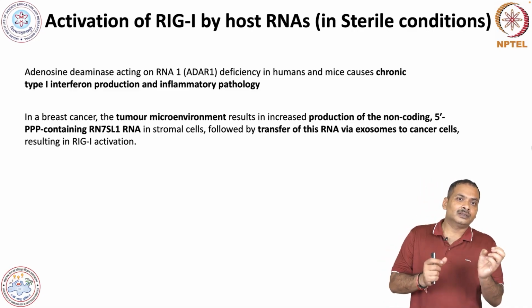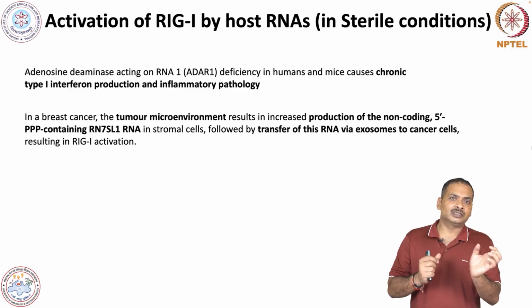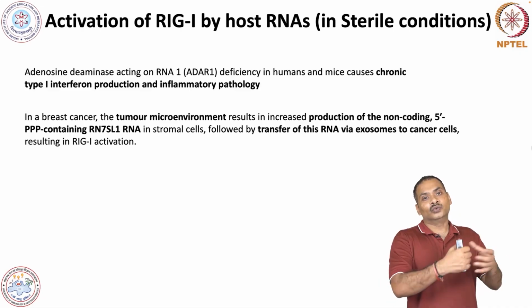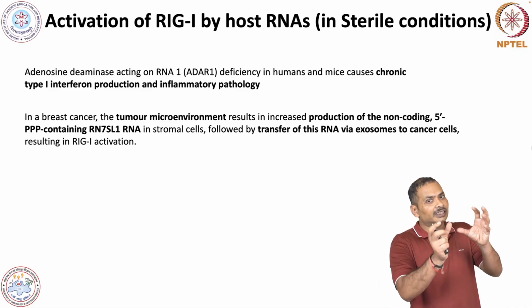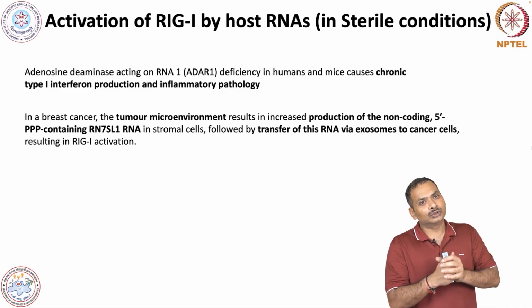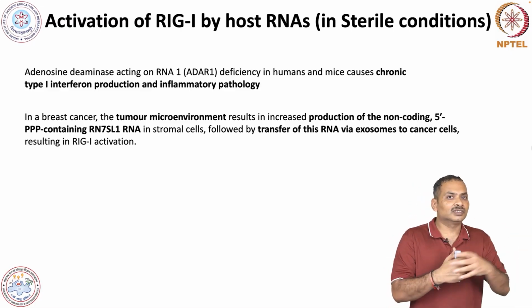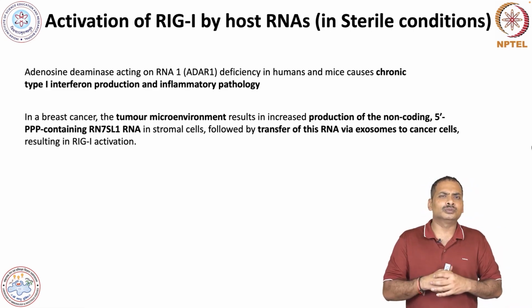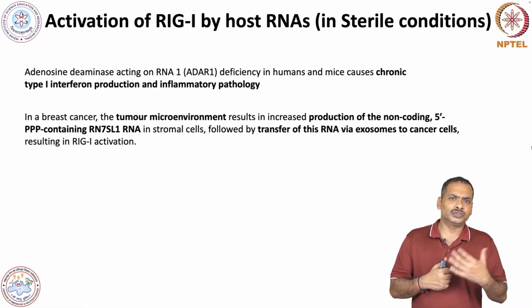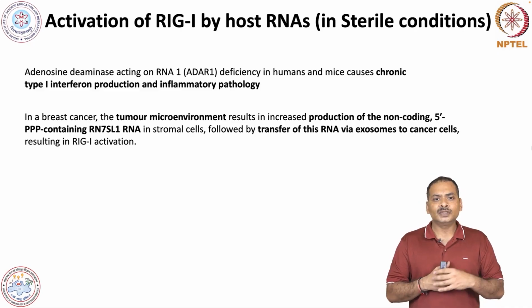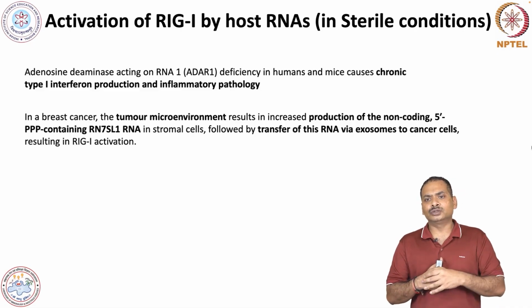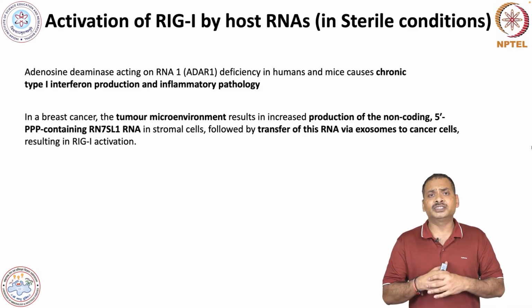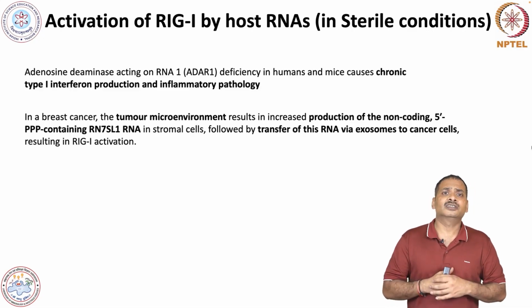Exosomes are vesicles released from cells, loaded with a variety of molecules, and these molecules tell about the health of the cell, or eventually the health of the host. In many scenarios exosomes are used for future diagnostics. Transfer of this RNA via exosomes to cancer cells results in activation of the RLR pathway, particularly RIG-I.